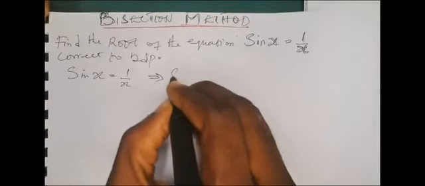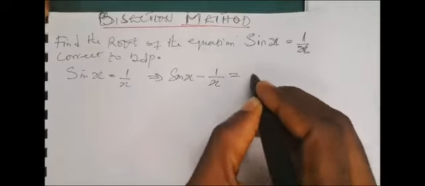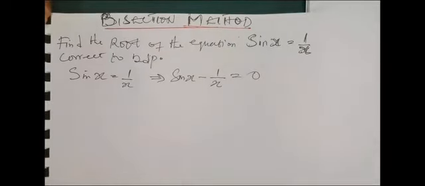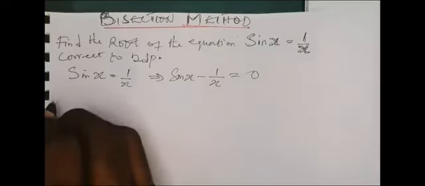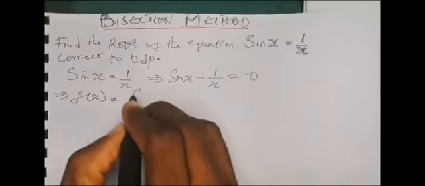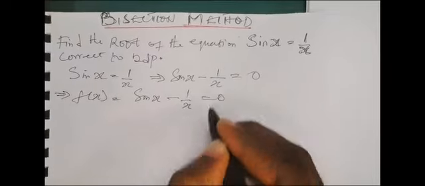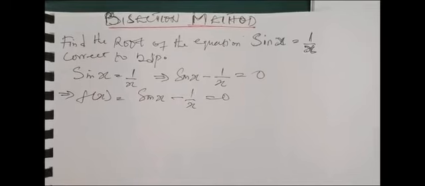This simply implies that sin x minus 1 over x is equal to 0. We simply call this f of x. So f of x equals sin x minus 1 over x, which is equal to 0.